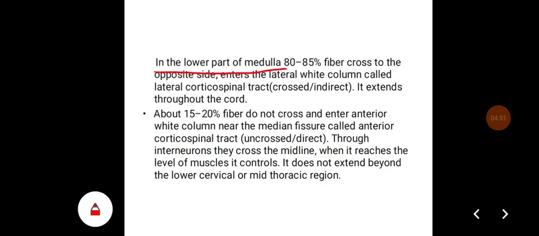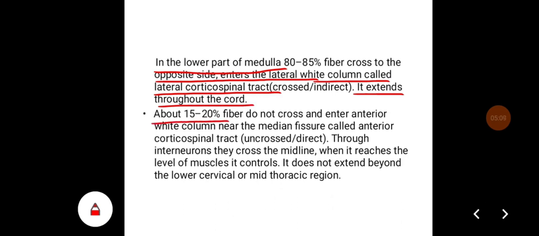In the lower part of the medulla, 80 to 85% of the fibers cross to the opposite side and enter the lateral white column, called the lateral corticospinal tract, which is crossed and indirect, and it extends throughout the spinal cord.